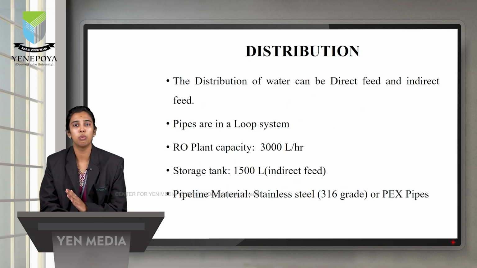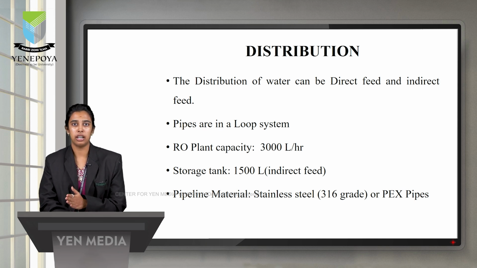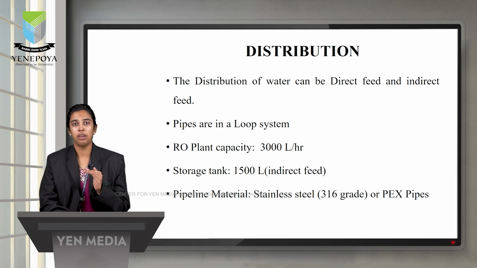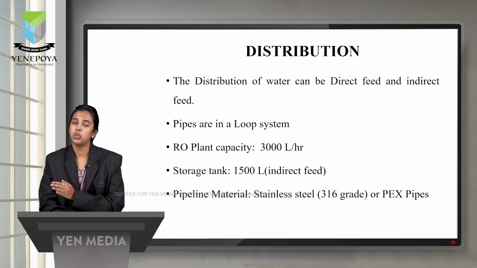The distribution of the water can be direct feed or indirect feed. Direct feed means the water from the RO system passes directly to the patient. Indirect feed is when the water is held in a storage tank and then supplied to the patients.